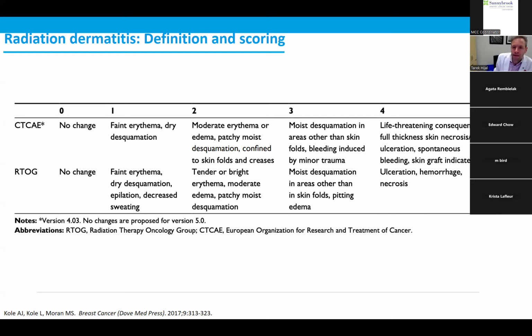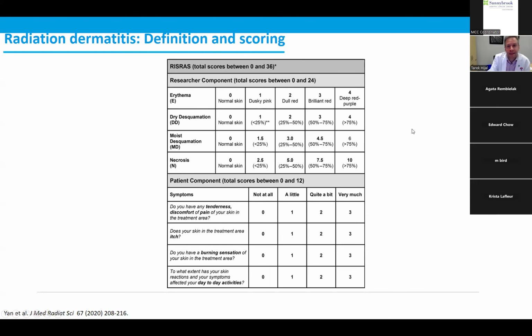And ultimately, we're looking at bleeding and ulceration. So these are the grades. More interestingly, and more used is the RISRAS score, which will actually take into account not only what the clinician sees, so those are the first 4 rows, but also a patient component and how the patient feels. And this scale is being used more and more in research.